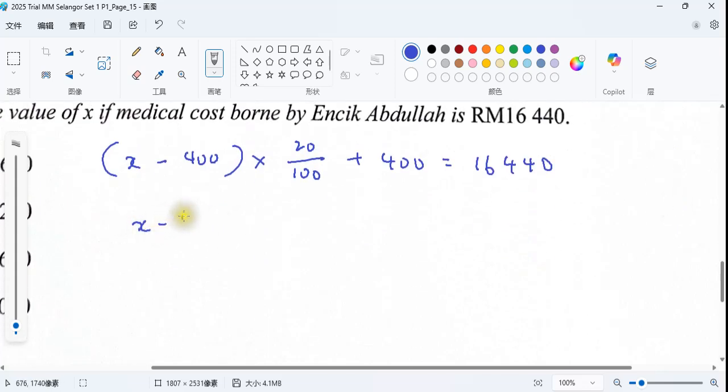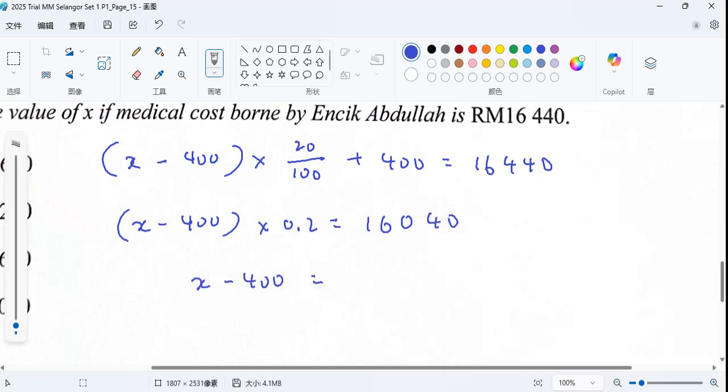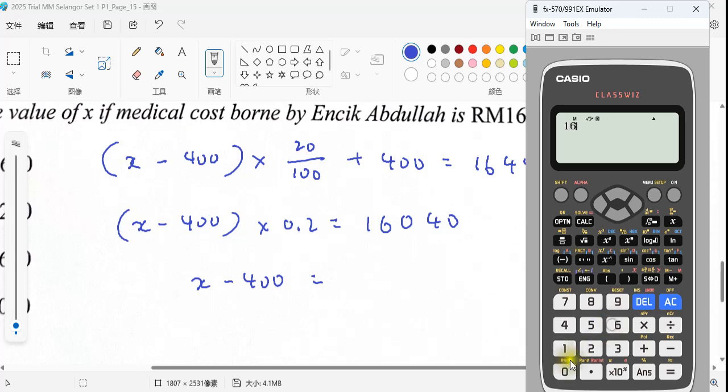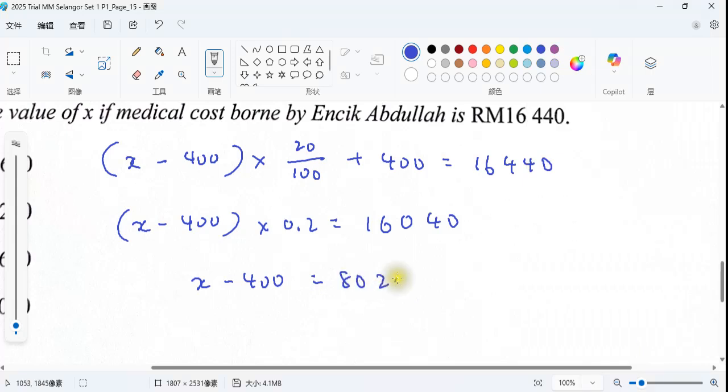So we have X minus 400 times 0.2 will be 16,040. X minus 400 will be 16,040 divided by 0.2, which is 80,200, and then X will be 80,600.